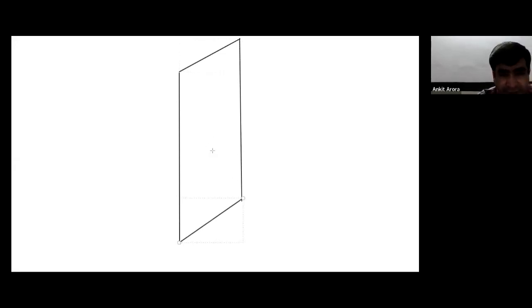So this is a vertical plane, right? And this is your horizontal plane. So we can bifurcate, as we had already discussed.